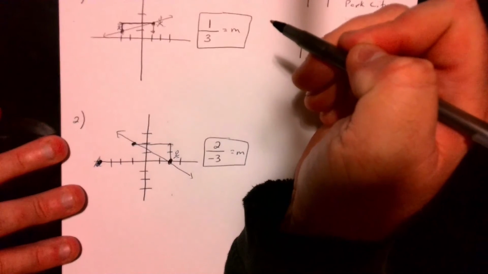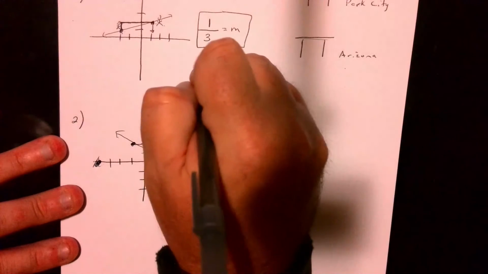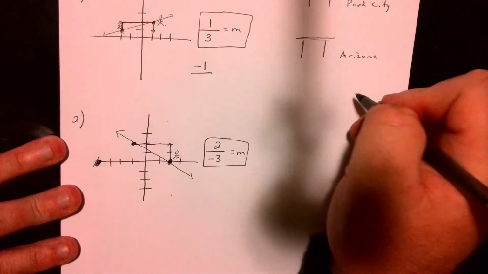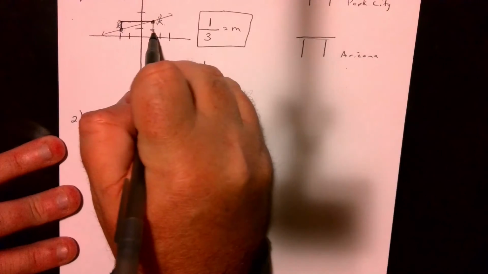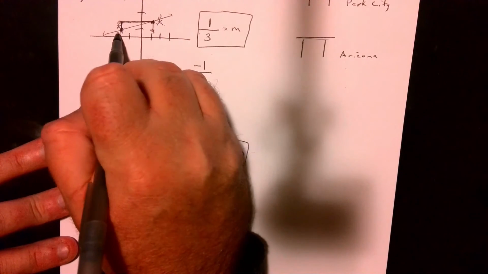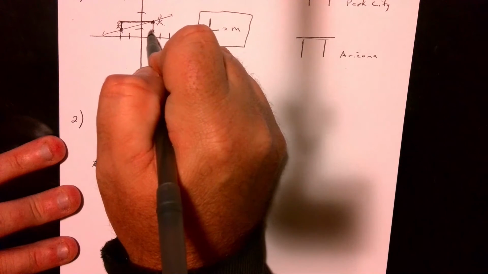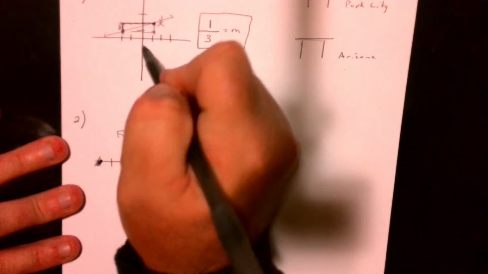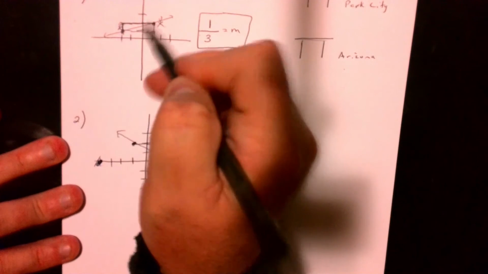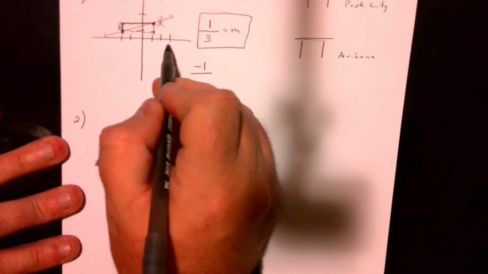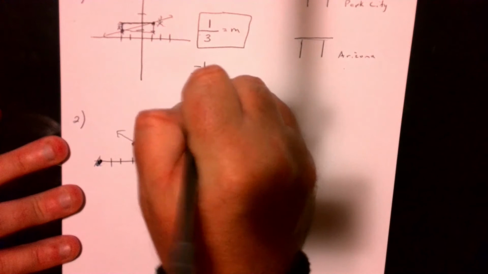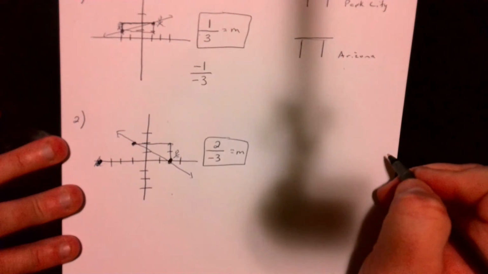Going down is a negative, so that would be negative 1. And then does he have to run to the right, or does he have to run to the left? Well, he's got to go to the left. How many times? 1, 2, 3. As we just said, going left is negative, so that's a negative 3.